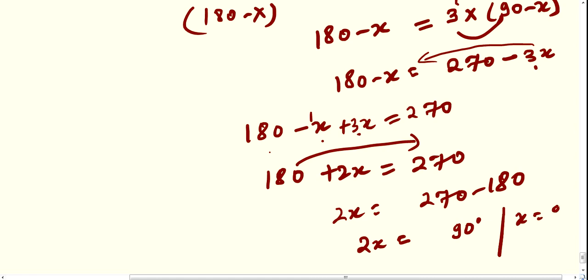So x equals 90 by 2, and x equals 45. So this is your required answer. Your chapter 24b is over now, and some questions I will give you that you have to solve.